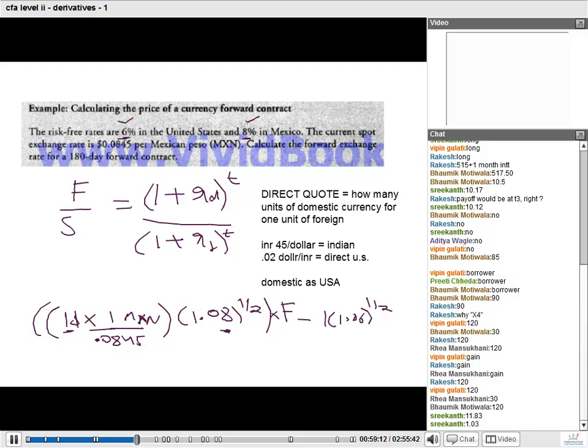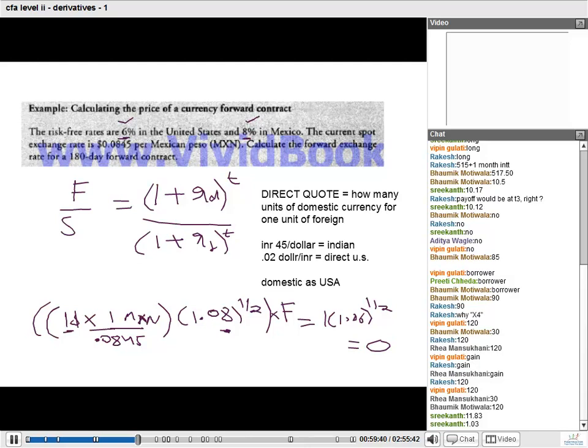If I am able to make any positive dollars out of this, that means there's an arbitrage opportunity. So for no arbitrage opportunity, profit from this strategy should be equal to 0. If I take 1.06 raised to the power 1 by 2 to the other side, this will simply become F into, or 1 into 1.06 raised to the power 1 by 2.